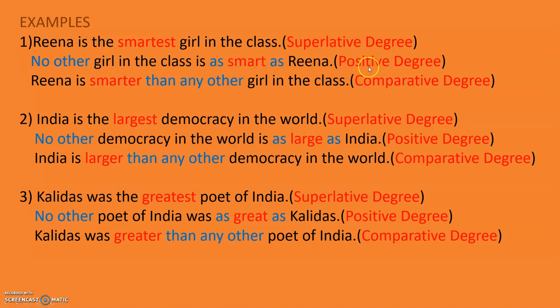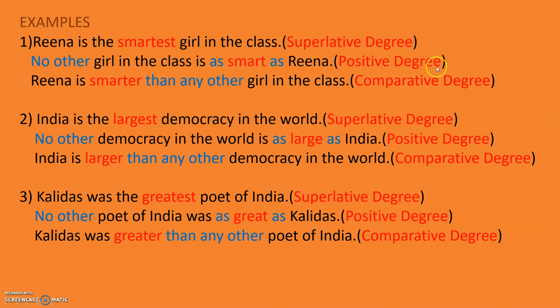So what are the important words in positive degree? It will say no other because she is the smartest. No other girl in the class is as smart as. What I put in blue, children, these words are very important when we write positive degree. We say as smart as Reena. So there is no comparison here.